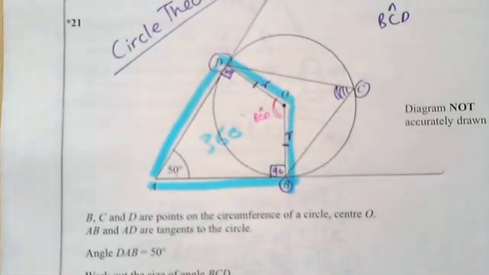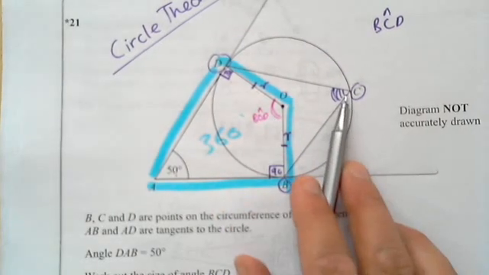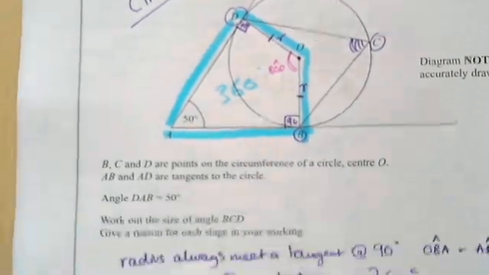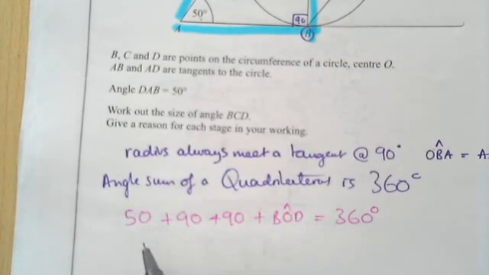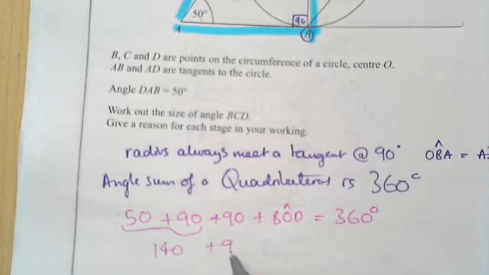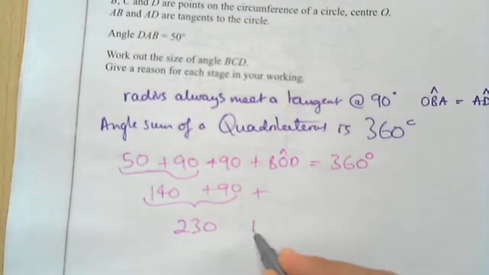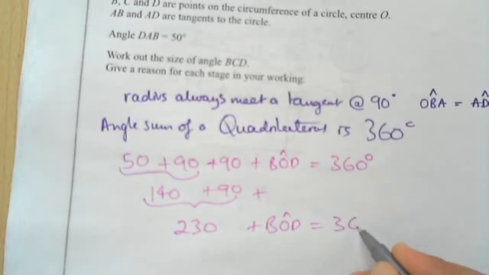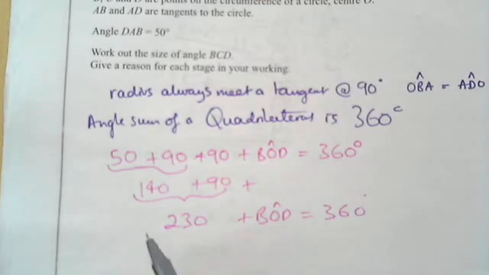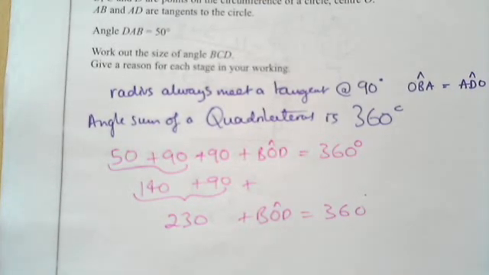So what we're doing now, we're trying to work out this angle. This angle is the key to working out the angle over there. So 50 add 90 will give us 140. 140 add 90 will give us 230. Now, if you want to work out BOD, we need to move the 230.